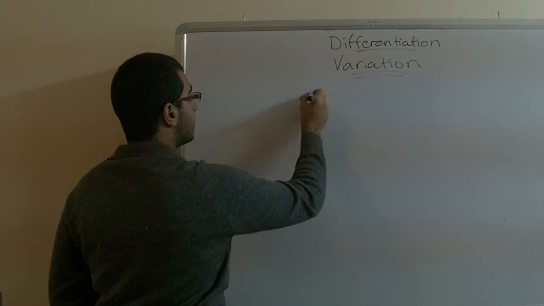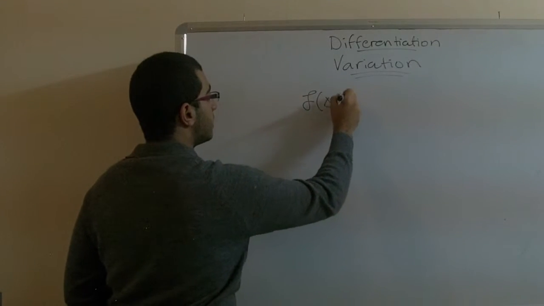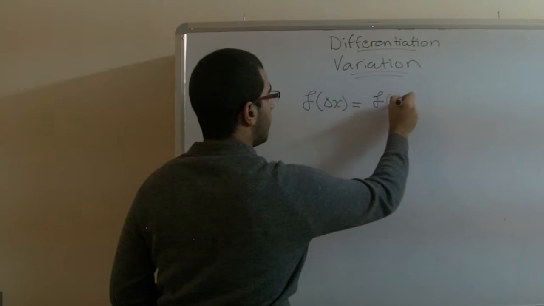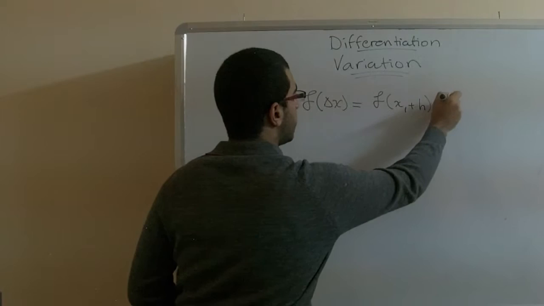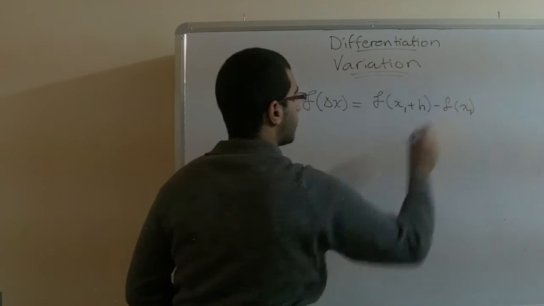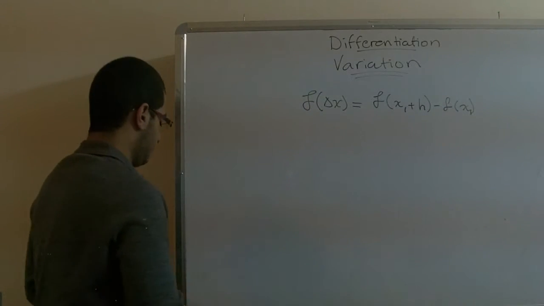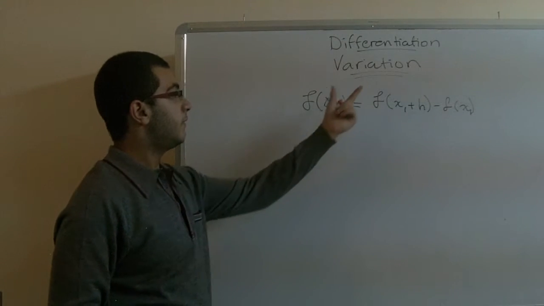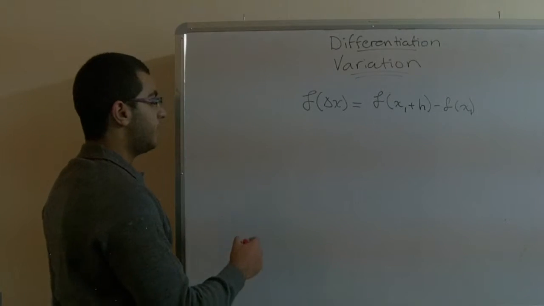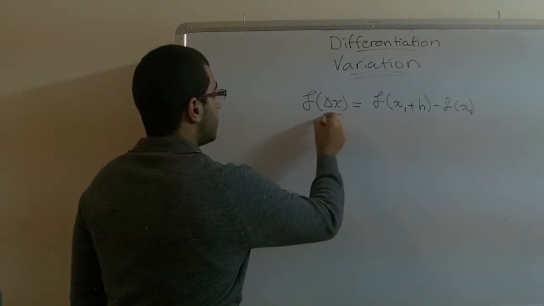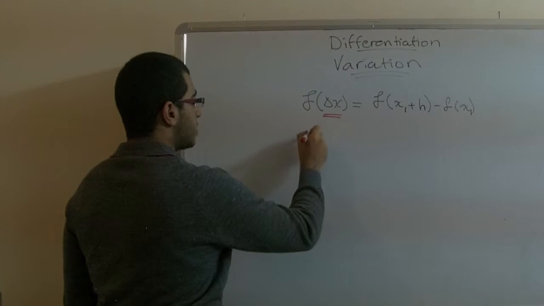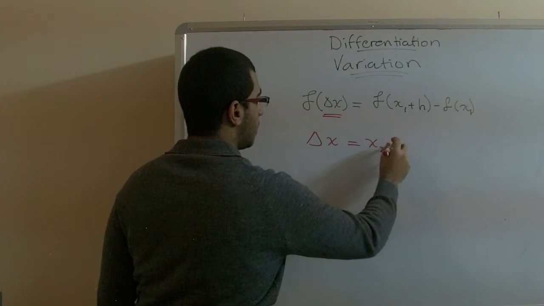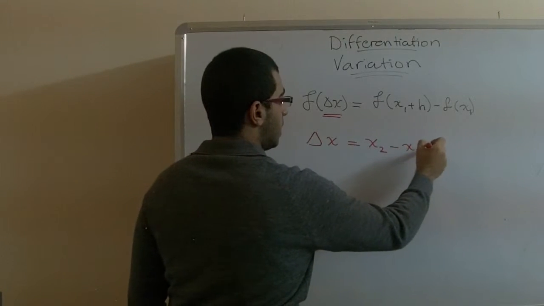We said that f(Δx) equals f(x1 + h) − f(x1). This equation represents the variation of the function f(x), and Δx also equals h, as we mentioned that Δx equals x2 − x1 equals h.